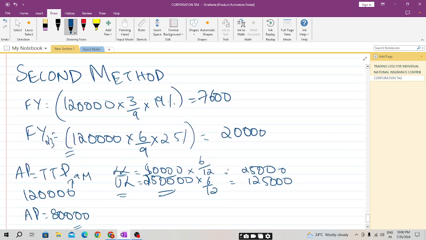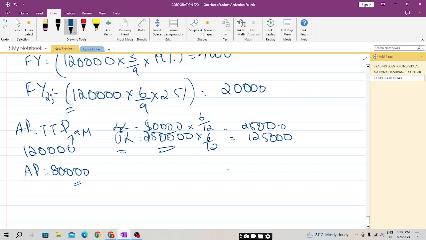Now coming to the next case. Now students, marginal relief. Marginal relief we will be calculating using the 125,000 pounds minus the upper limit minus the augmented profit.